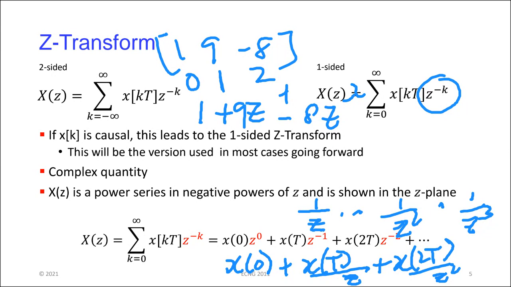Remember the t is understood, right? So when you're given an xkt, the t is really understood inside of here, okay? So xt equal to 9, right, okay.